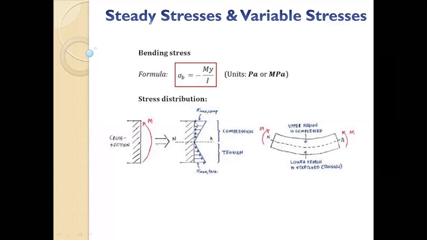For the topmost fiber y will be maximum, so it will have maximum bending stress. The bending stress is zero at the neutral axis where y is zero. The more y you have, the more sigma b, because your moment and moment of inertia remain fixed. As y moves, sigma b changes, so it has a straight line or triangular shape.